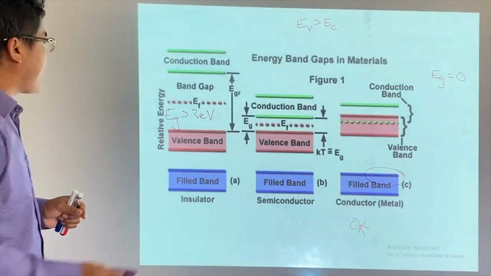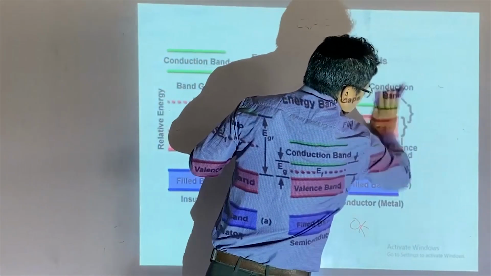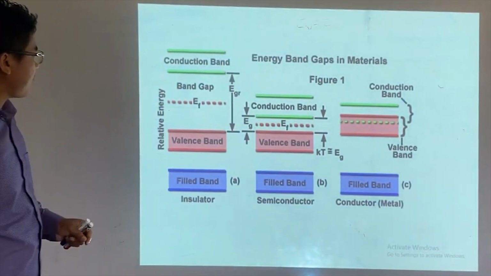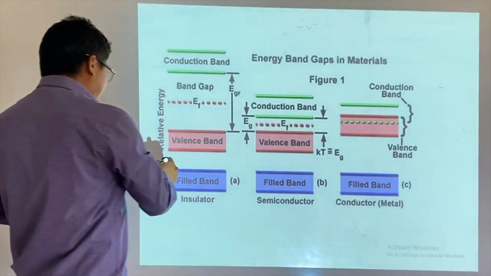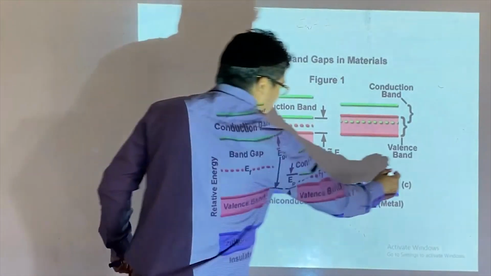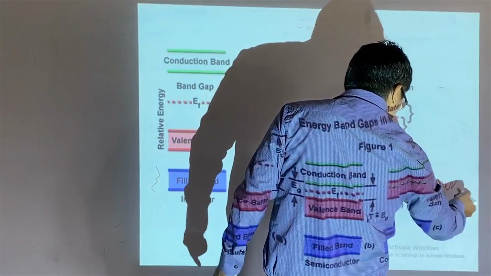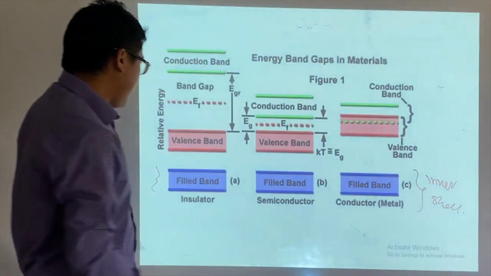One more diagram I have is this: insulator, conductor, and semiconductor. These are the filled inner energy levels, the inner shells.